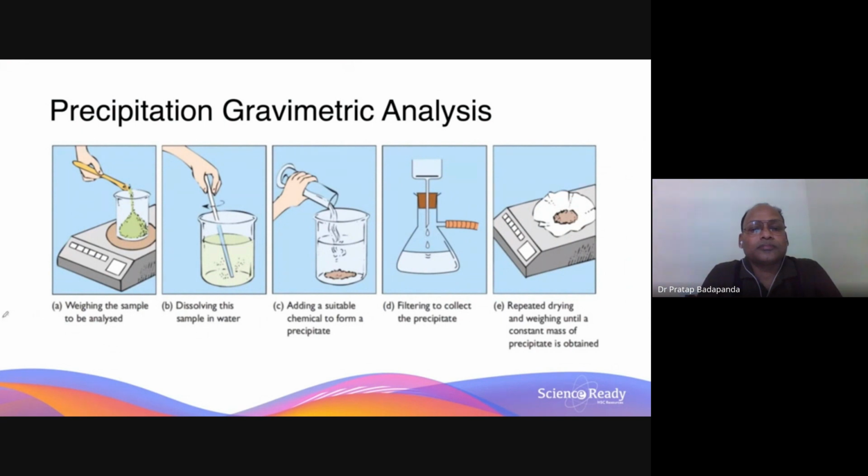This schematic breaks down a typical precipitation method of gravimetric analysis quite effectively. We will start by measuring the total mass of a particular mixture, followed by dissolving it in water. When it is completely dissolved, we will add a suitable substance to the solution to produce a precipitate. Again, it is important to add the substance in excess in this step to ensure that every possible ion we want to analyze reacts to form the precipitate. The next step is to pour the solution with the precipitate into a filtration apparatus to separate the precipitate.